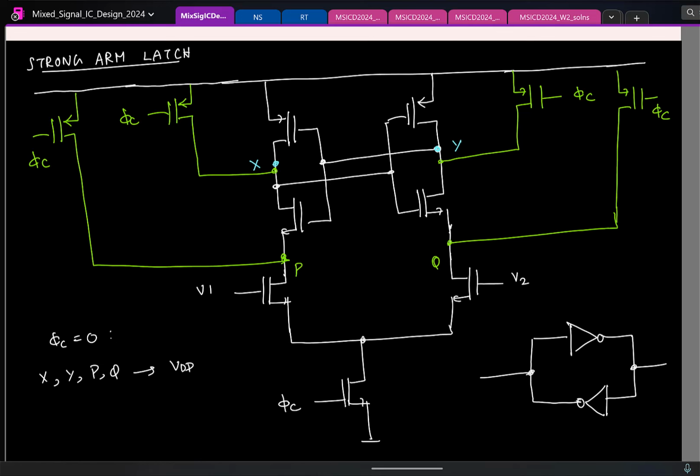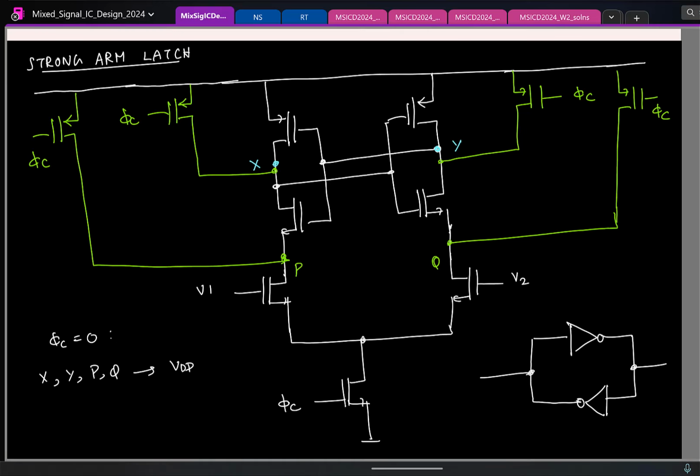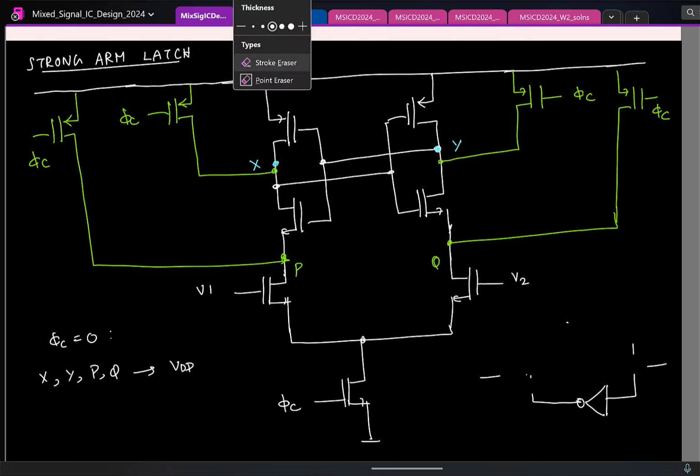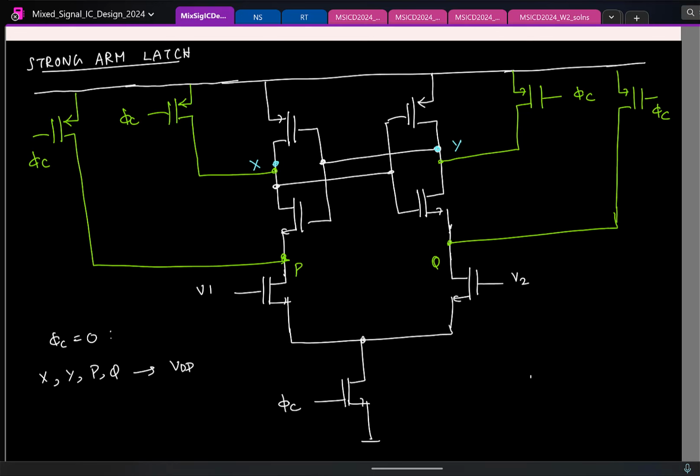So during this phase, I don't have to do anything. So we know this. So let's just look at what happens when phi c is made equal to 1. Okay. And when phi c is made equal to 1, the PMOS switches are active or not active? They are not active. So I'll basically make them disappear.